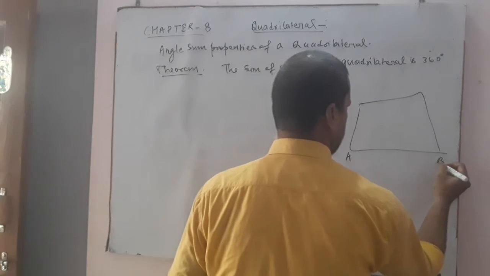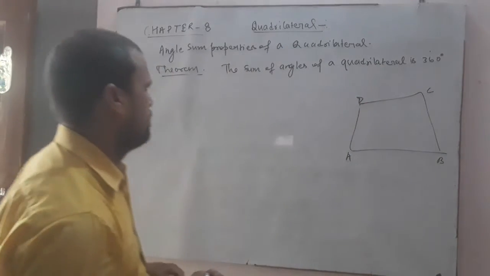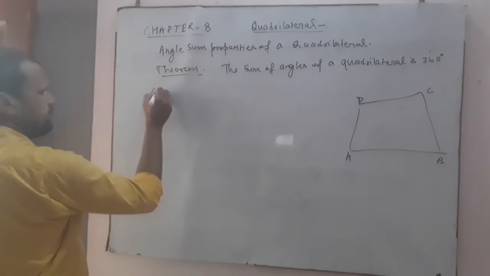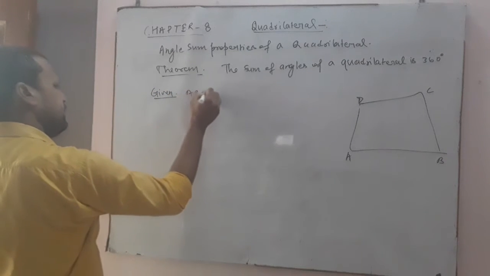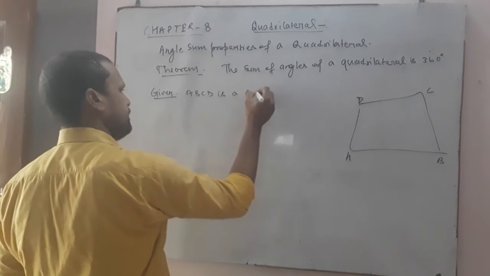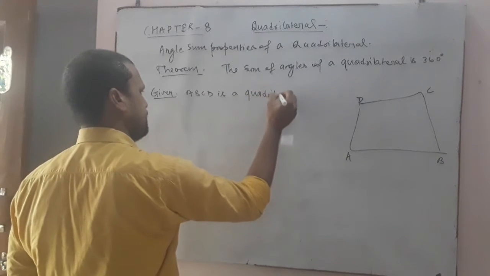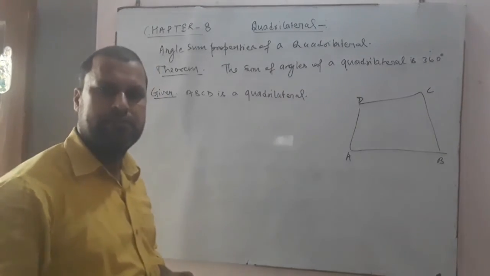ABCD. What is given here? ABCD is a quadrilateral.